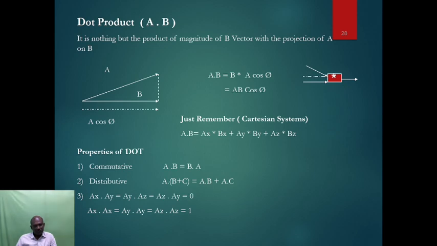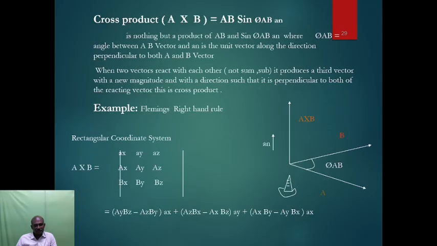For any two vectors to be perpendicular, the dot product is 0. For two vectors to be parallel, the dot product is 1. The cross product A cross B gives AB sin theta into the unit vector.